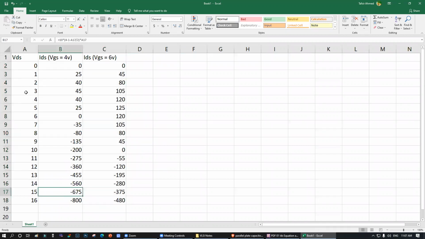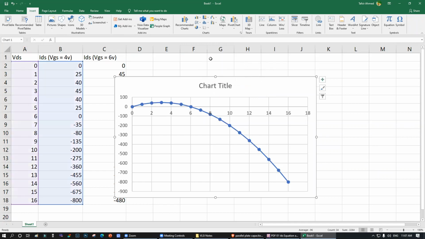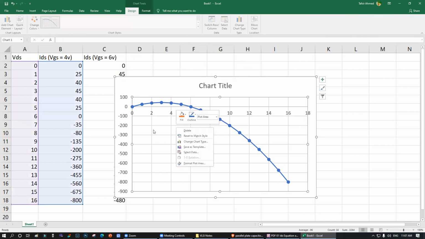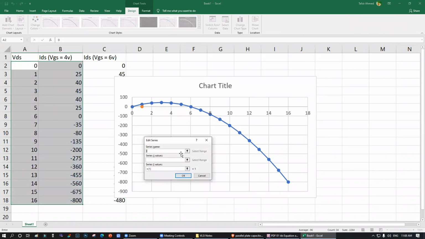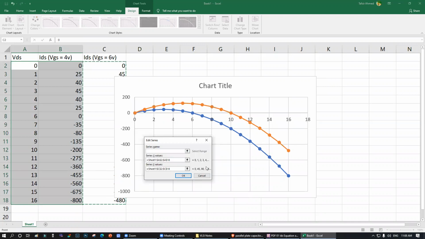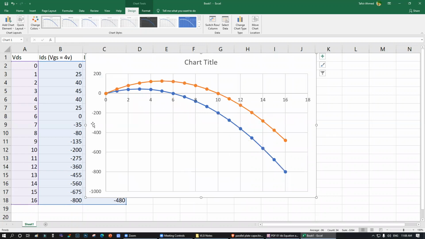Okay, if I make the graph, here the opposite, that means the negative current, we do not want.